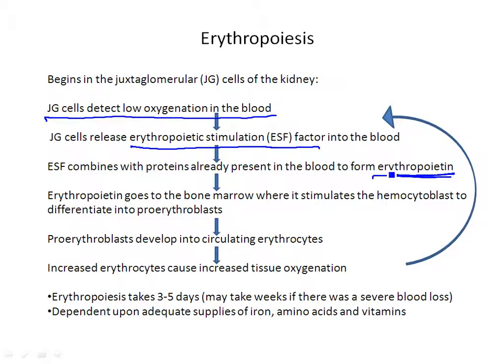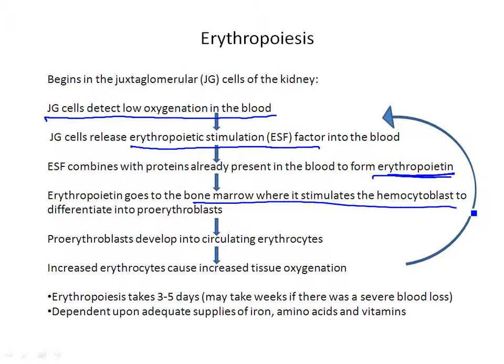So the erythropoietin goes to the bone marrow, and that is going to stimulate that hemocytoblast, remember that stem cell, and it's going to say, we need more red blood cells, so you start making them. And so that hemocytoblast is going to differentiate into that pro-erythroblast, and it's going to start forming red blood cells.